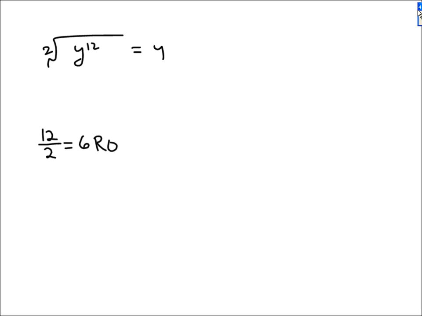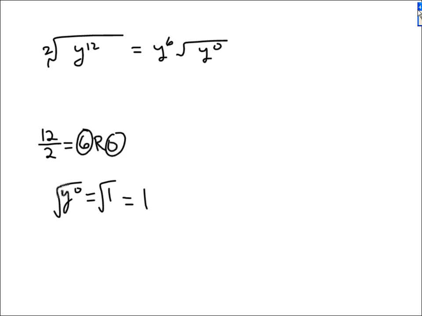So you have a y to the 6 in front and a y to the 0 under the radical. Now y to the 0 is 1, so the square root of y to the 0 is the square root of 1, which is 1. And this times 1 is just y to the 6. The remainder is 0, so don't even bother keeping it. It's just y to the 6.